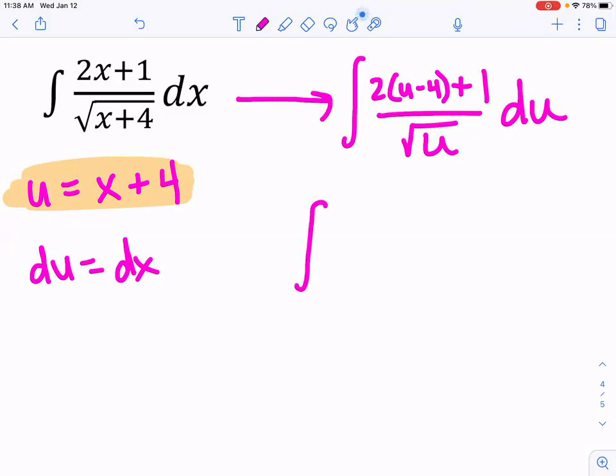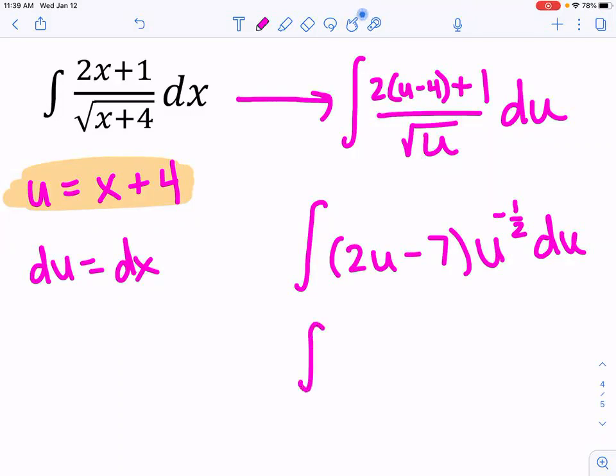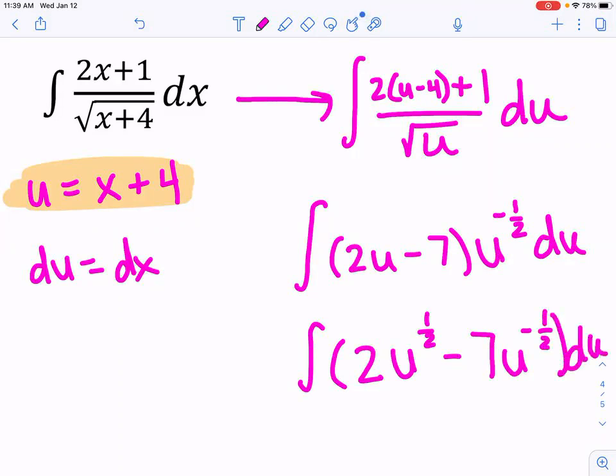Now, 2 times the quantity u minus 4 plus 1 would be the same as 2u minus 7. And we are dividing by the square root of u, which is like multiplying by u to the negative 1/2. So I'm going to rewrite this integral to be 2u to the 1/2 minus 7u to the negative 1/2, because I distributed that u to the negative 1/2 to the binomial there.